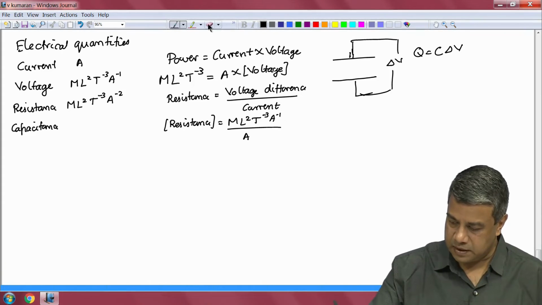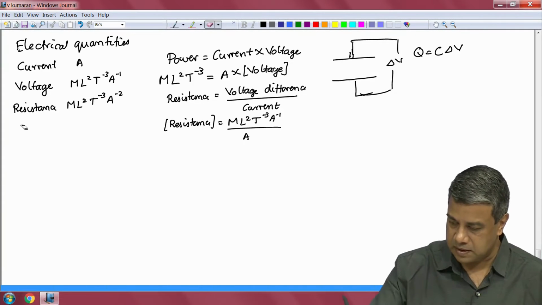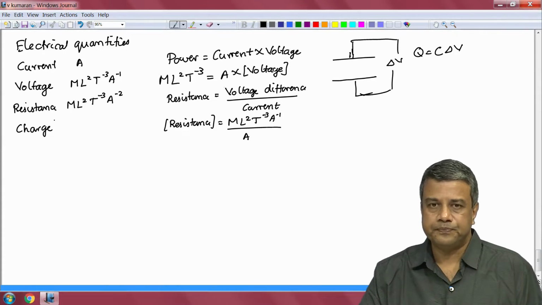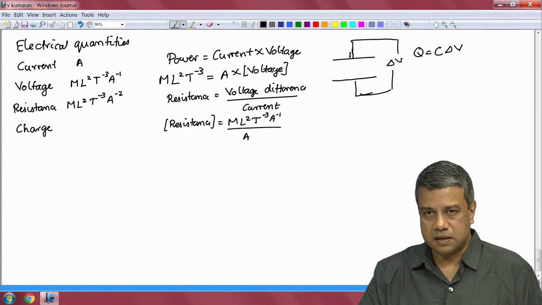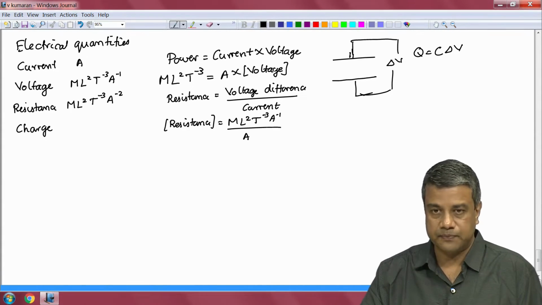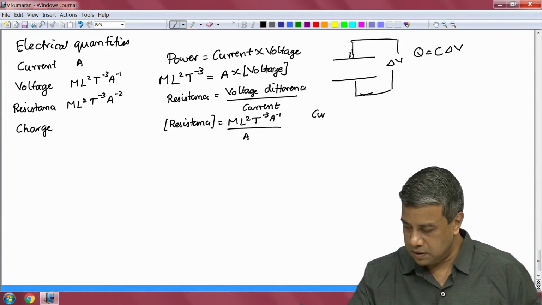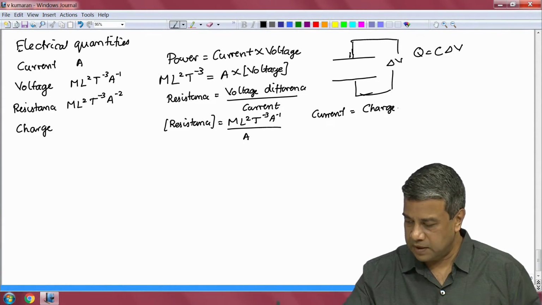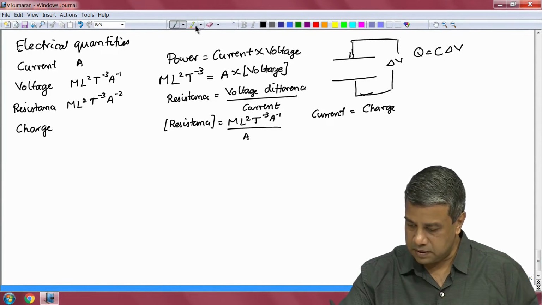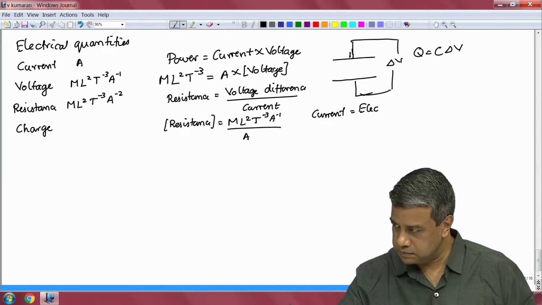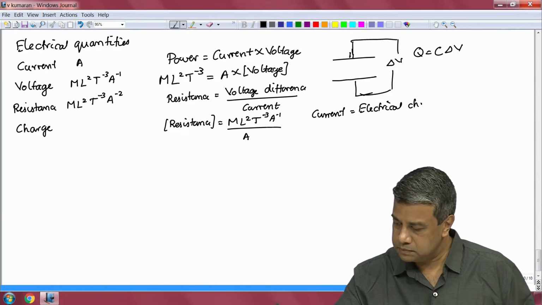So, before I discuss capacitance, it is worth discussing what is electrical charge. The current flowing is basically the number of charges flowing per unit time. So, current is equal to the charge that is transported per unit time.